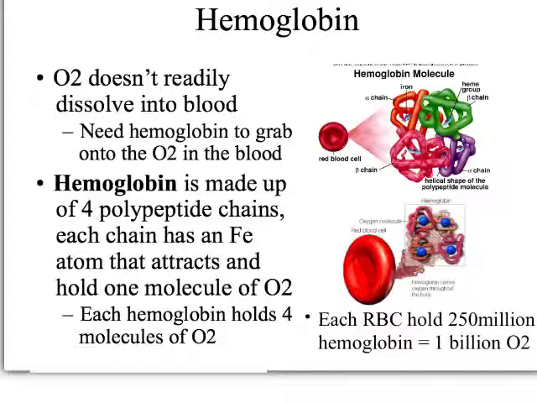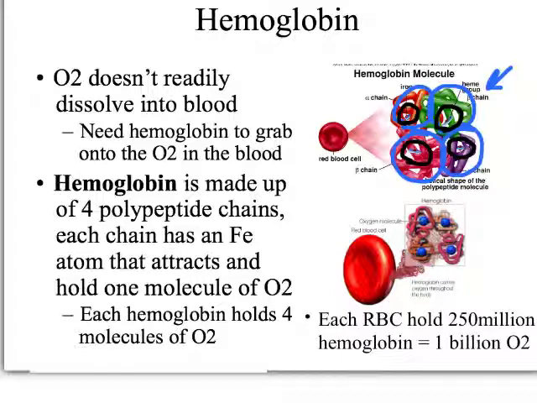In this picture, we've got an orange, a green, a pink, and a purple polypeptide chain, so 4 polypeptide chains within this one protein. Each of those chains has an iron atom in it, the blue disc in the middle here. The iron has a high affinity, an attraction, if you will, to oxygen.